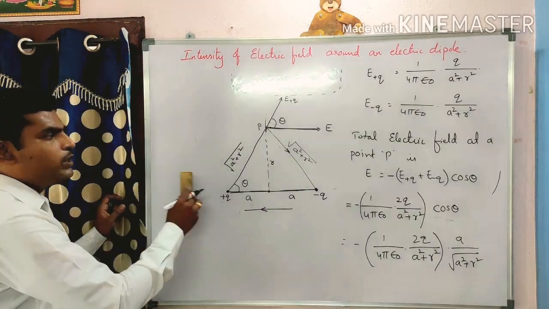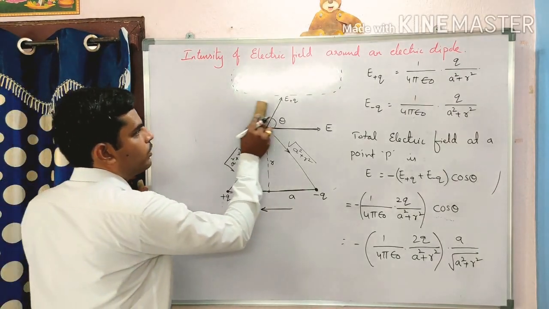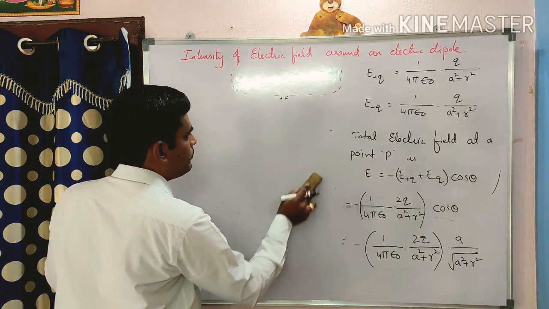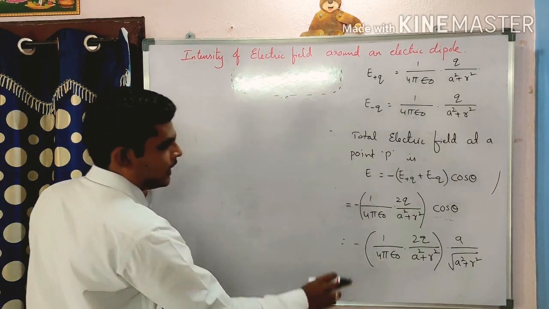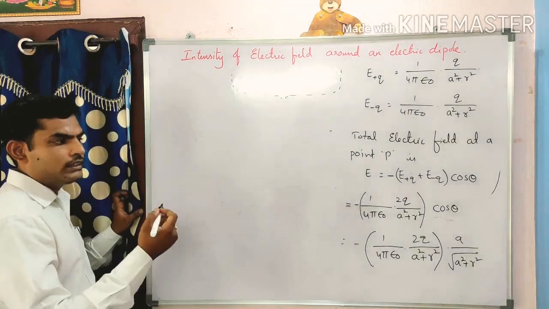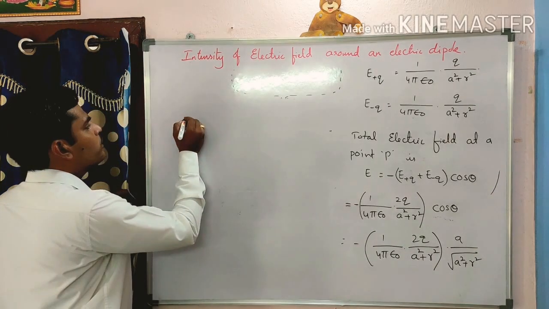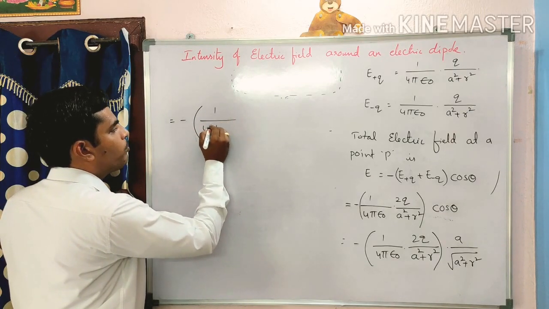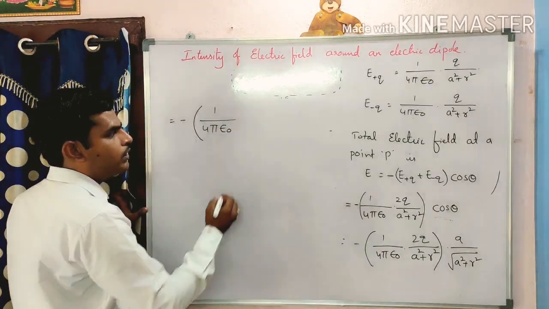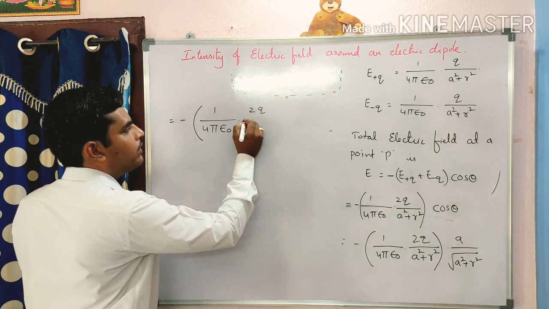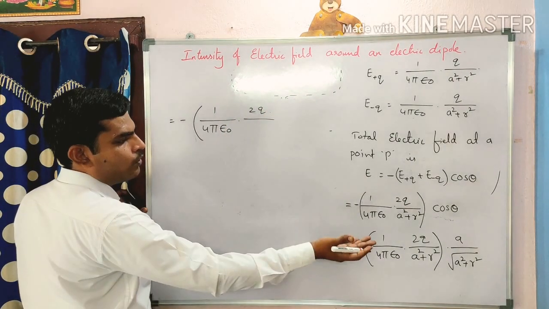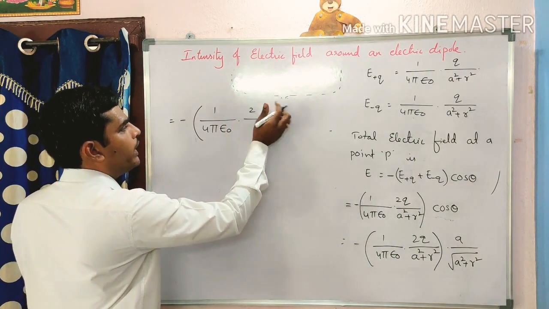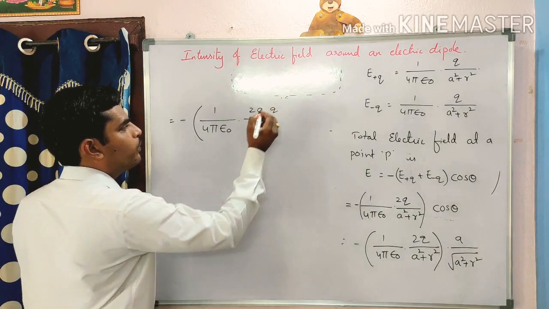Shall I wrap this one now? I'll wrap this one. A by under the root A square plus R square. Now once you write minus of 1 by 4 pi epsilon naught 2Q, let us add that one also here: 2AQ.